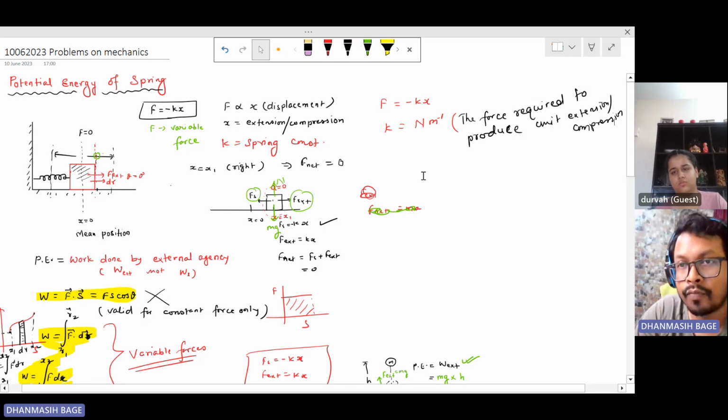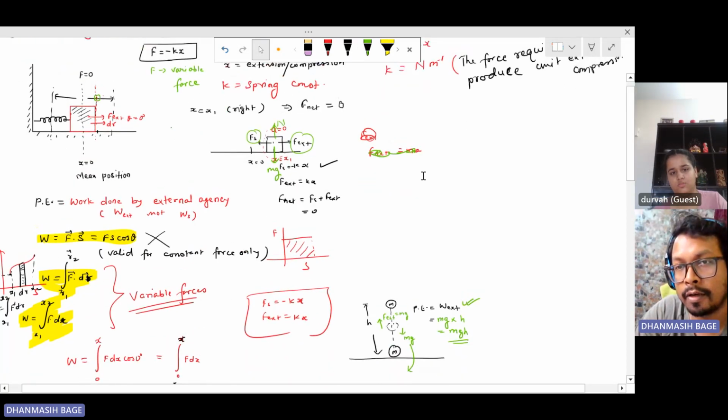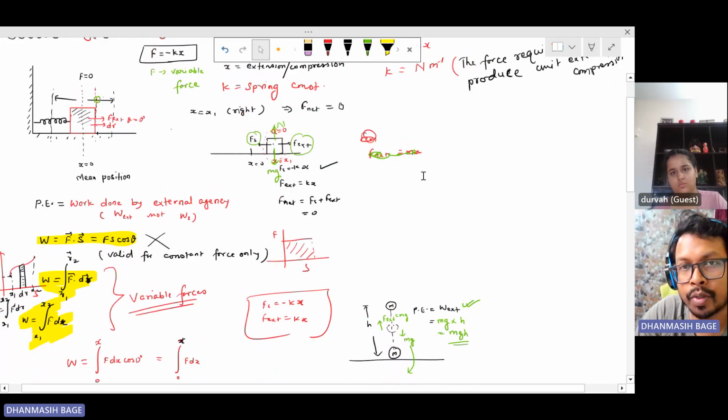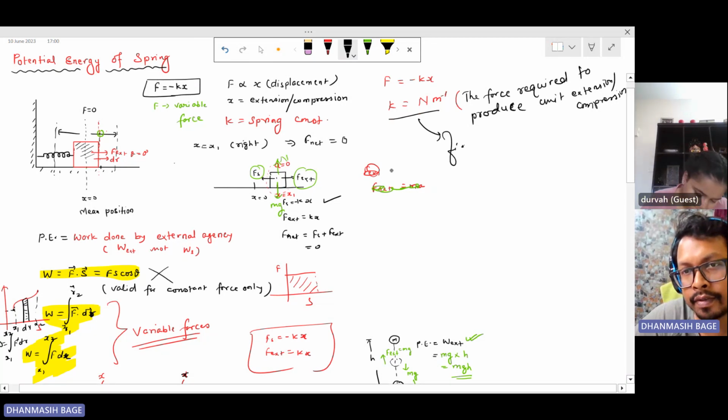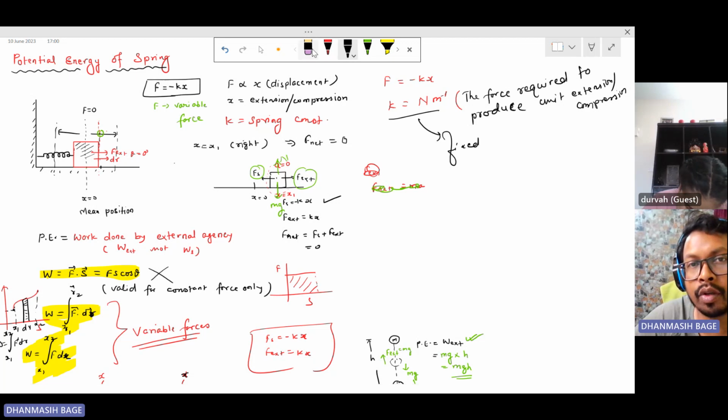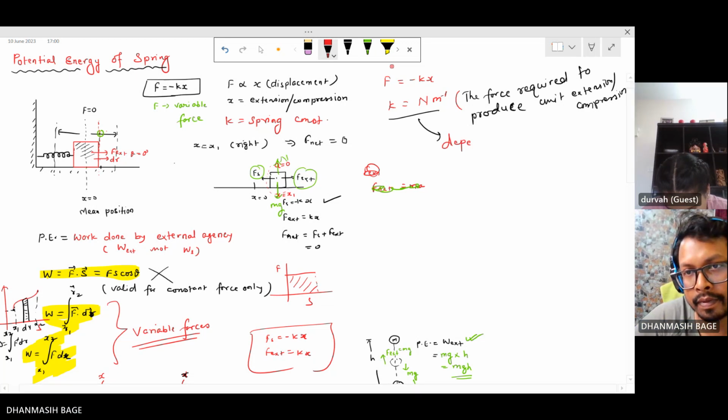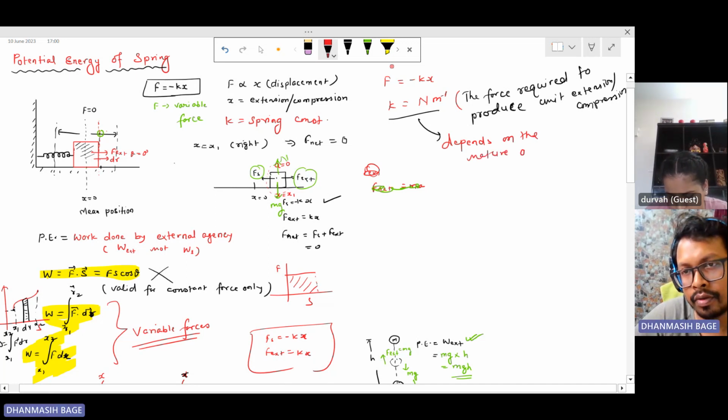Okay. So the force required to produce unit extension is called spring constant. It depends on the nature of the material and is fixed for a particular material. It doesn't depend on other factors. It means how stiff the material is.